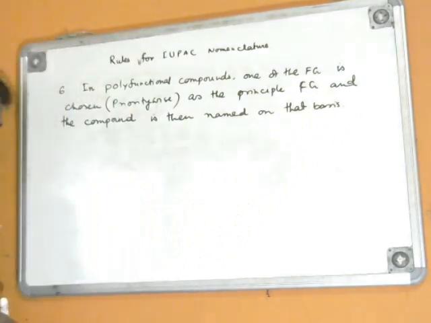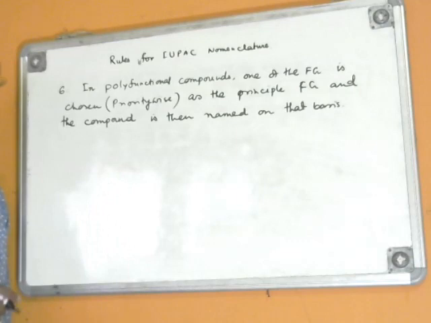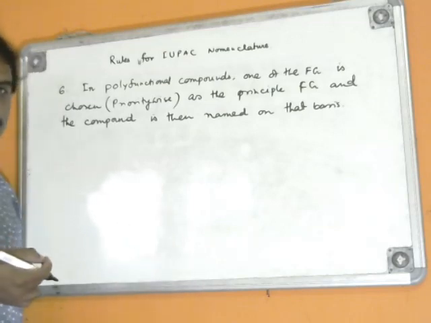So actually, if more than one functional group is present in the molecule, you can't consider both functional groups as the principal functional group. Numbering will be with respect to a particular functional group, which has more priority.